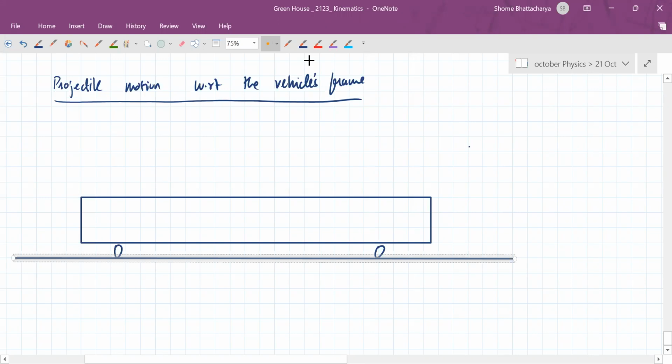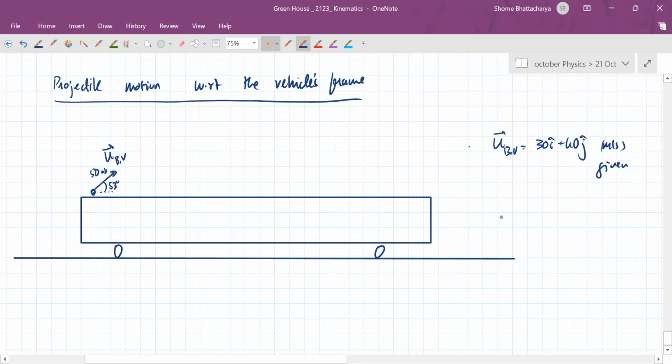So with respect to the frame, the projectile was fired at a velocity of the ball with respect to the vehicle, which was 50 meters per second at an angle of 53 degrees. So the initial velocity of the ball with respect to the vehicle was 30 I cap plus 40 J cap in meters per second, that's given.